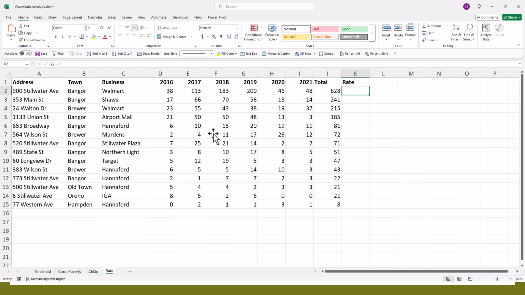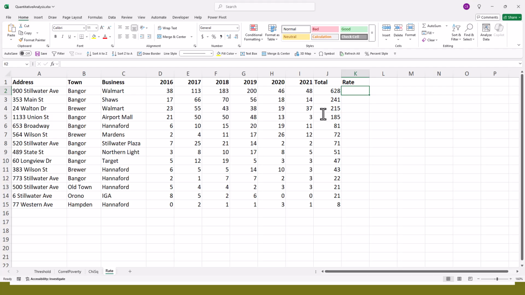So there are more opportunities for theft in that parking lot, and therefore saying they have the most dangerous parking lot is a little bit misleading. What if the Shaw's here, that's number 2, had only 10% of the number of spaces that the Walmart did? Then the Shaw's would, on a per capita basis, be more dangerous than the Walmart.